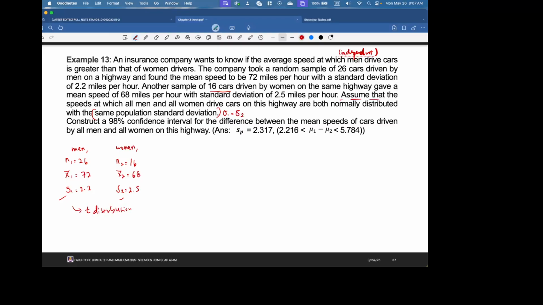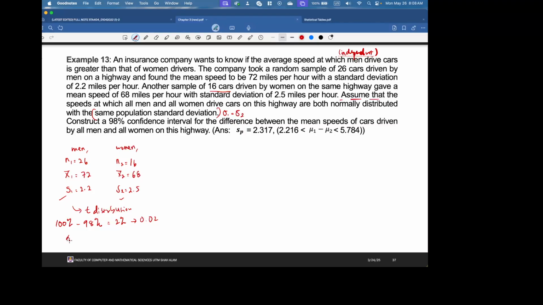Now, this T distribution. Construct a 98% confidence interval, so they ask us for 98. 100% minus 98%, you will get 2%. Convert it into decimal, you will get 0.02.